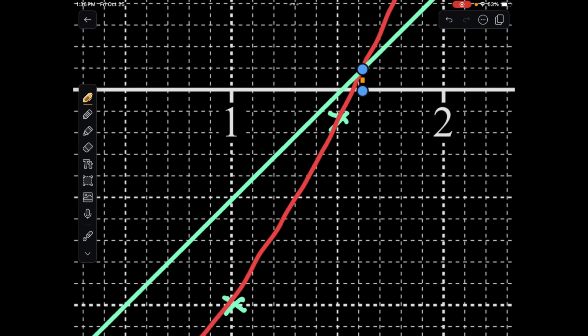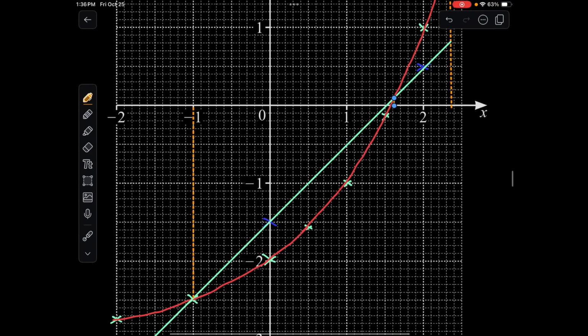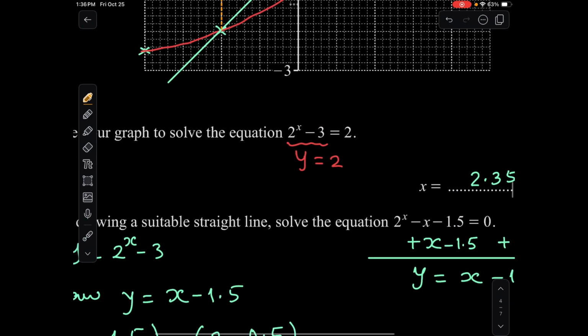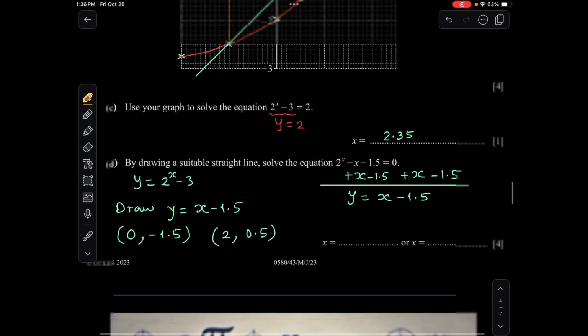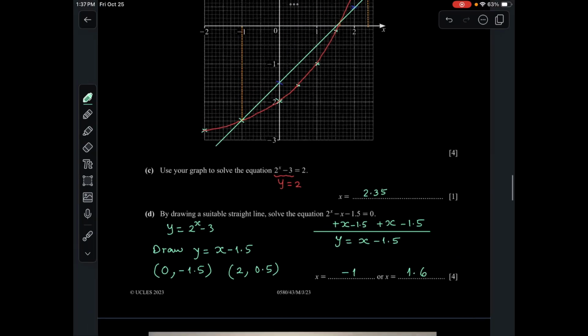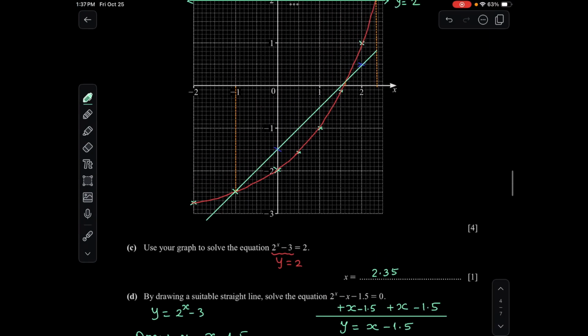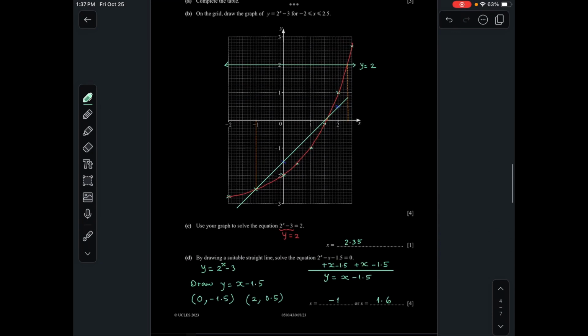Yeah, slightly more than 1.6, but I think 1.6 is okay. So the x values we have are x is -1 and 1.6. All right then. So we have looked at two examples today, solving by graphing.